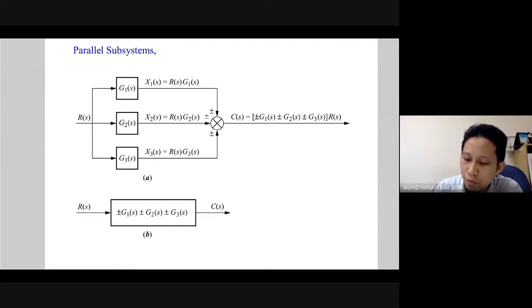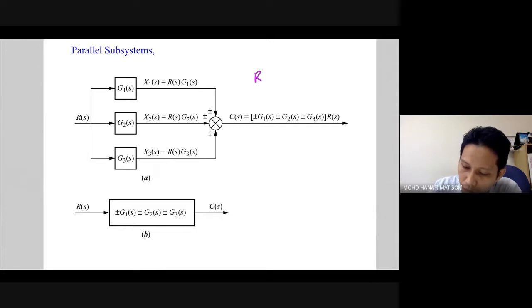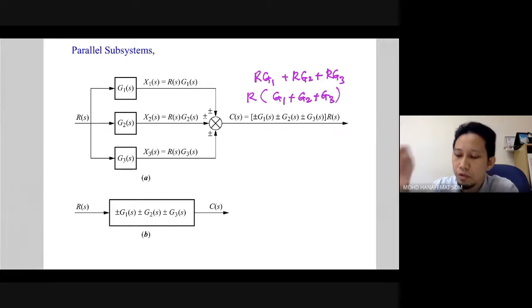So what we have is R G1 plus R G2 plus R G3. You can simplify by factoring R, so you get G1 plus G2 plus G3.